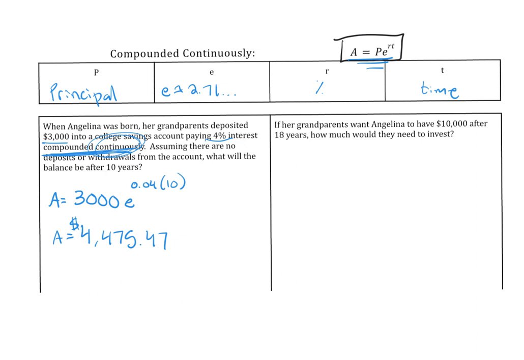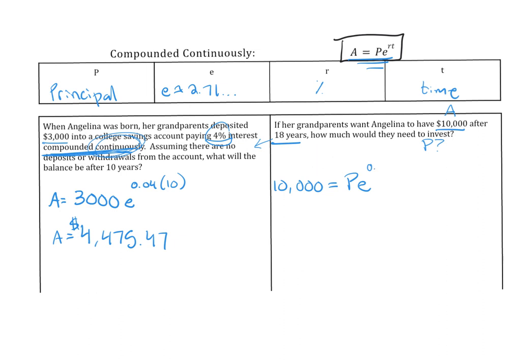Okay, and now thinking about this same scenario, this time it says if her grandparents want her to have $10,000 at the end or after 18 years, how much would they need to invest? So this is your A, and again, we're solving for P. So they want her to have $10,000 at the end of 18 years, but the interest rate is the same.